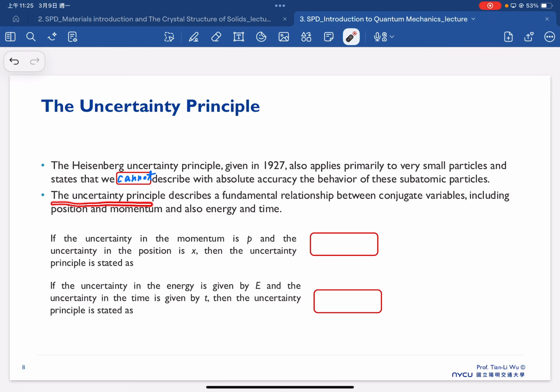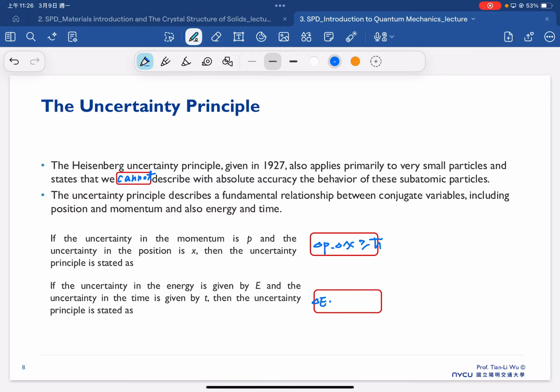The uncertainty principle describes a fundamental relation between variables, including position, momentum, and also energy and time. Therefore, we have these two well-known uncertainty relations: the momentum times the position is larger than ħ, and also the energy times the time is also larger than ħ. So that's the uncertainty principle.